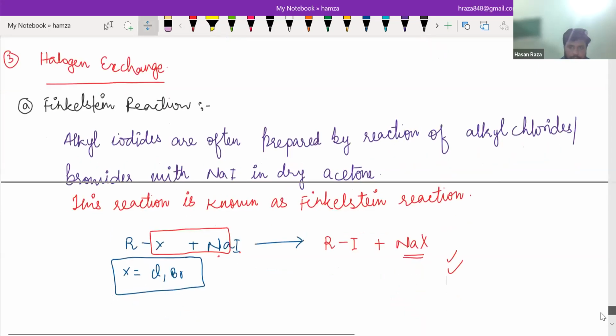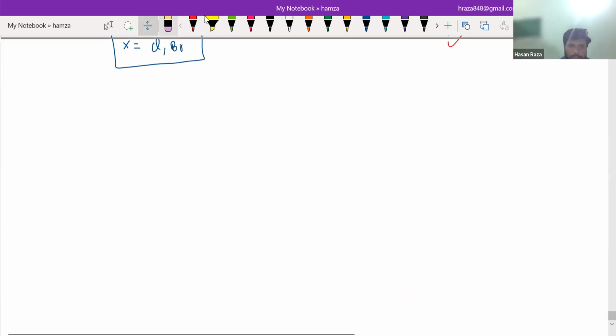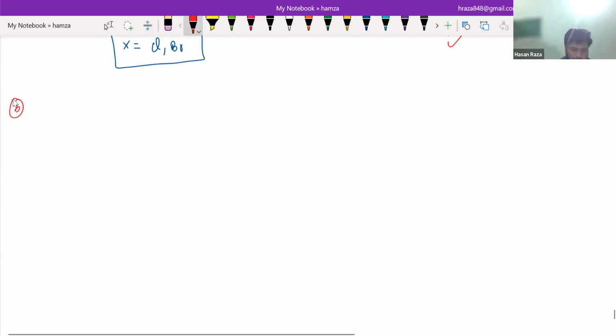Now see, the second method is known as the Schwarz reaction. And this is all about preparing alkyl fluorides. So how? This is also halogen exchange. So I'm going to write the reaction first.